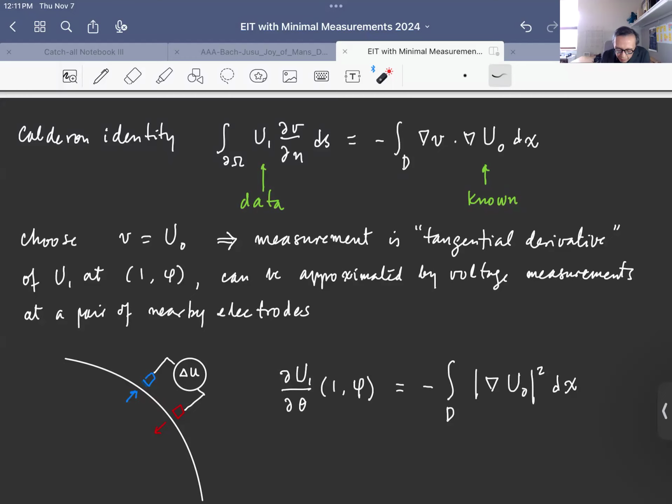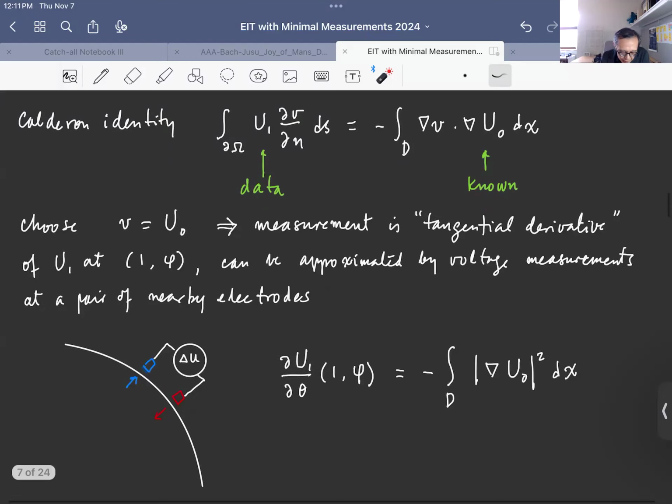So in my imagined system, I'm sending current here and taking it out here, at the same time measuring the voltage drop between them.